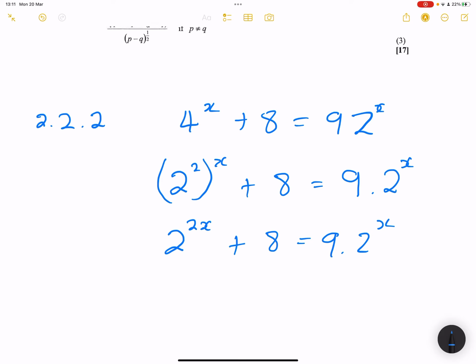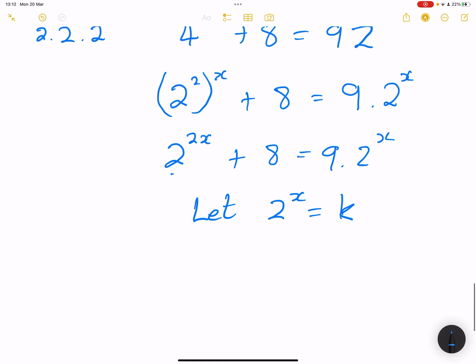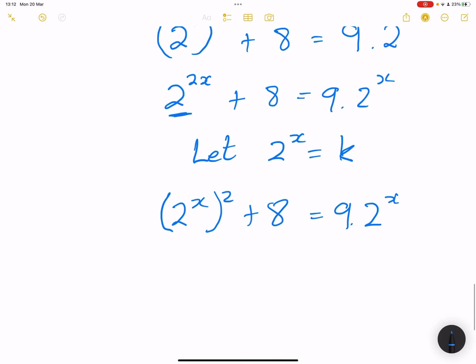So if you think about it, if we let 2 to the exponent x equal k, what do we have? This guy becomes k squared. Why? Because we can actually write it as 2 to the exponent x, squared, plus 8, which is equal to 9 times 2 raised to the exponent x.